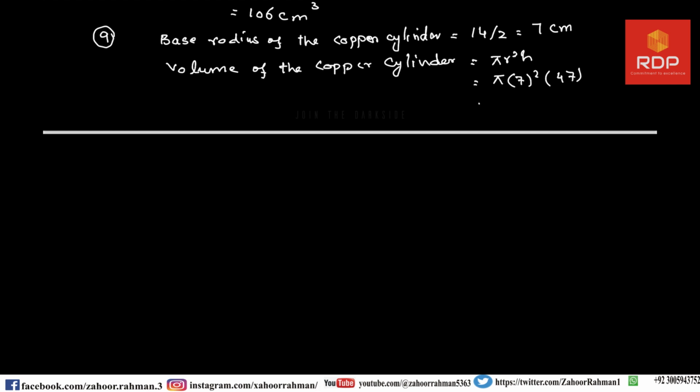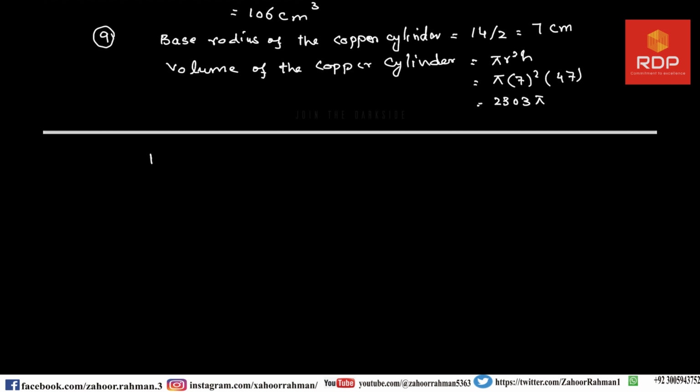When we calculate it, we get 2303 pi. We are not putting the value of pi right now. When this cylinder is melted and recast, we have to find the length, because we don't know the length of the wire in advance.